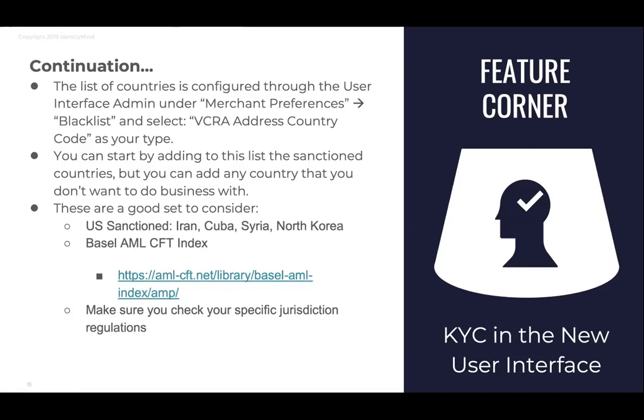Obviously, the sanctioned countries are Iran, Cuba, Syria, North Korea. We also suggest that you take a look at high-risk countries. There are several lists that you can look at, but one that seems to be interesting is the Basel AML CFT index. That categorizes the countries by risk. So you could add those into your configuration.